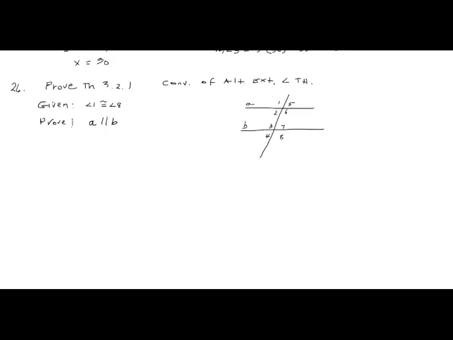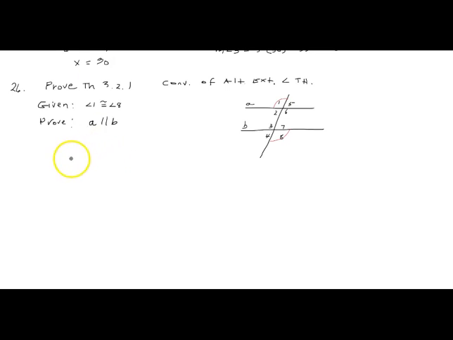Our last problem is a proof. This is the proof of theorem 3.2.1, the converse of alternate exterior angle theorem. This is our drawing that goes with that proof, and we are given that angle 1 is congruent to angle 8. What we're trying to prove is that A and B are parallel.